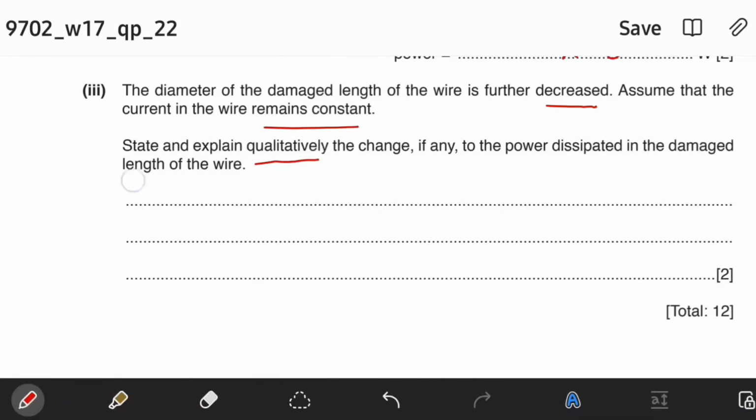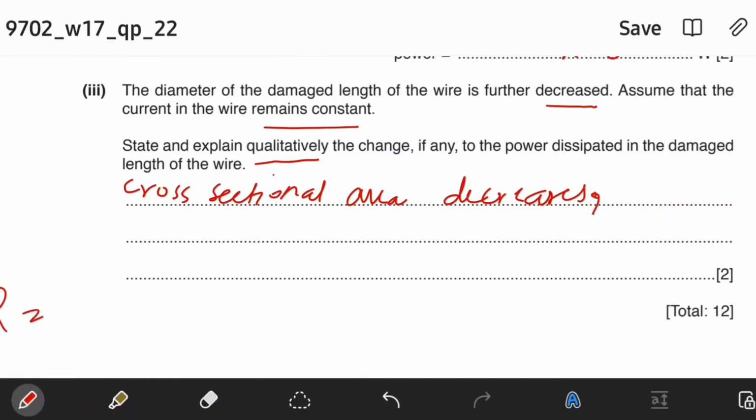So we know that cross-sectional area is decreased. Area decreases. So what will happen? Resistance increases, because we know from this formula, resistance is inversely proportional to cross-sectional area. If cross-sectional area is decreased, resistance increases, right?